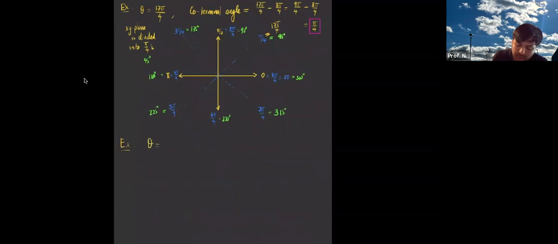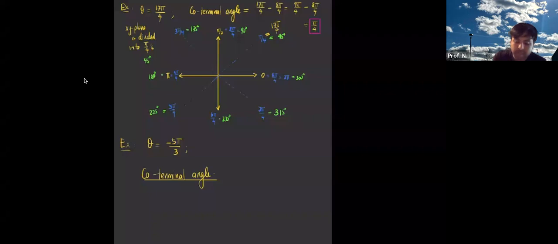Okay, so what if my angle here is negative 5 pi over 3? Could someone tell me how to find the coterminal angle? And again, this coterminal angle, I want it to be between 0 and 2 pi radians. So how do we approach this one?